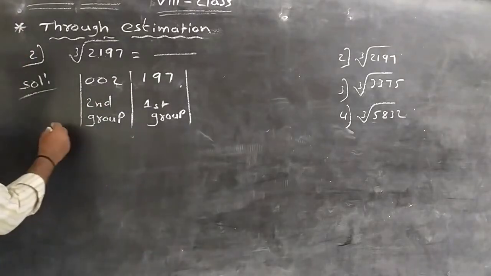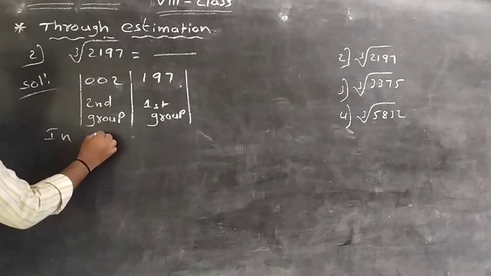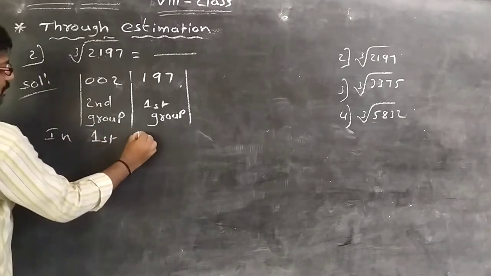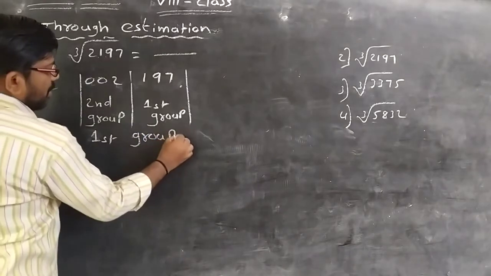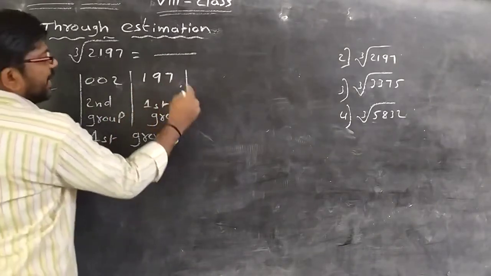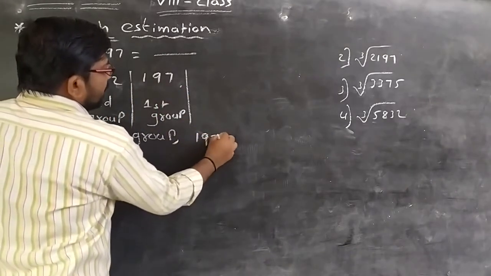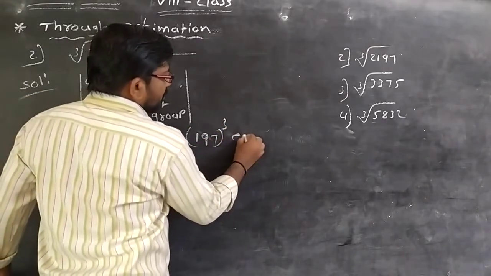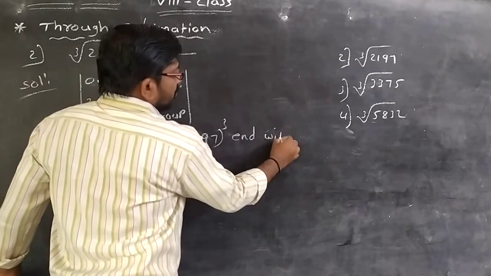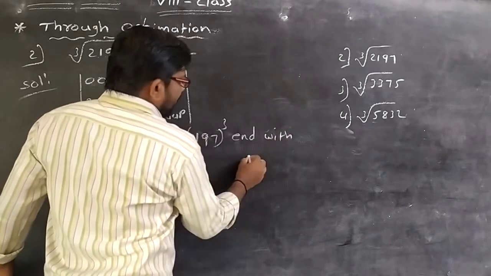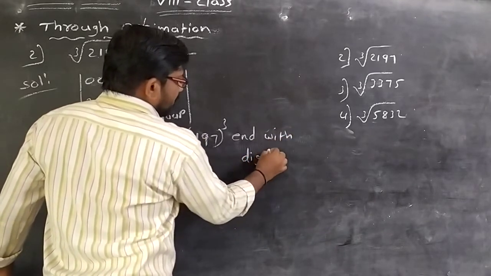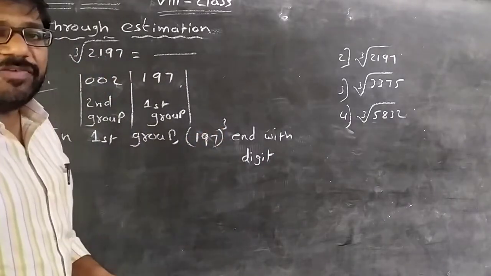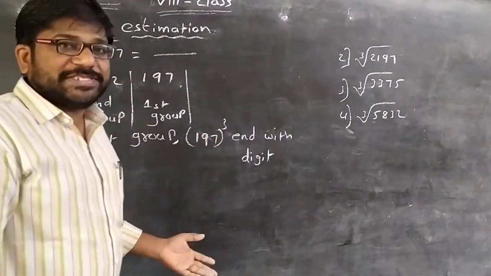The second step, in the first group: 197 cubed ends with which digit? The units place.